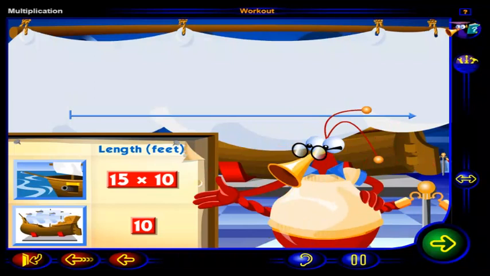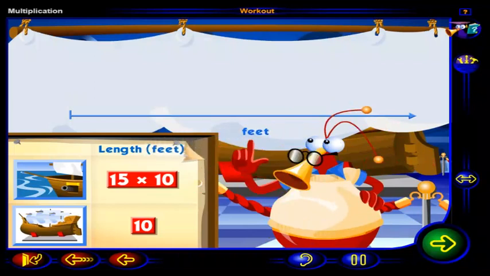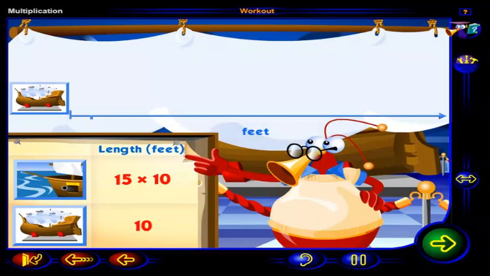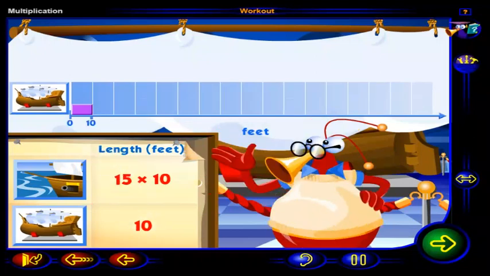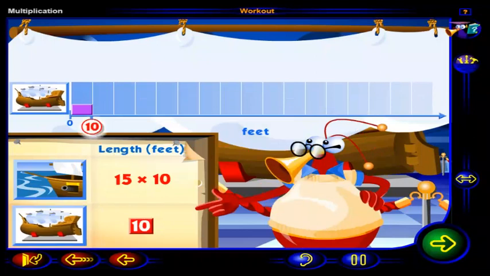Because these lengths are in feet, you can label the number line feet. Click on the picture of the model. This bar starts at 0 and ends at 10, so it shows the length of the model, 10 feet.